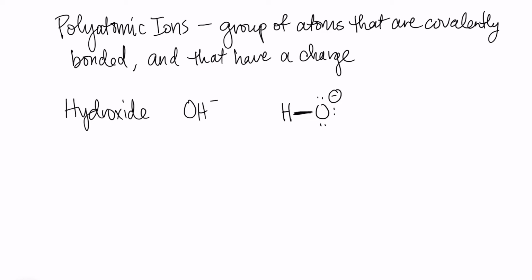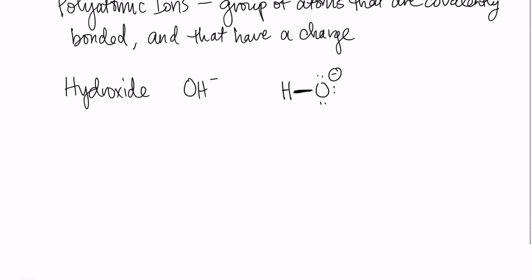So that is hydroxide. Hydroxide is a very common polyatomic ion, so you probably just need to memorize the name of it. It's also not related to any others. I want to start with phosphate, which is PO4 3-, in terms of helping you with names here.